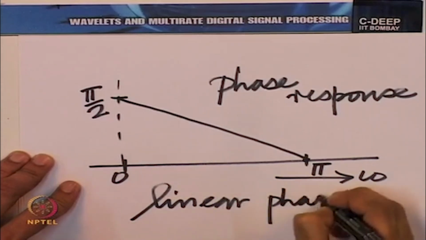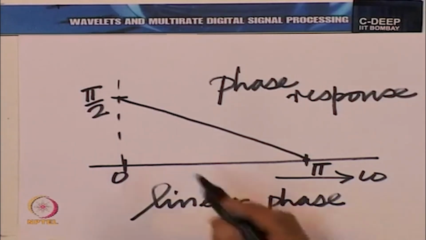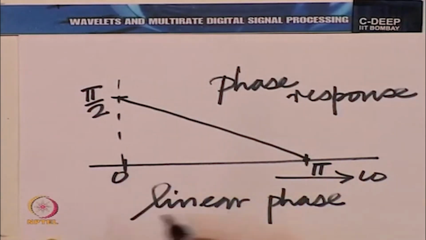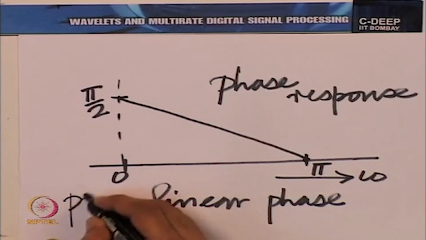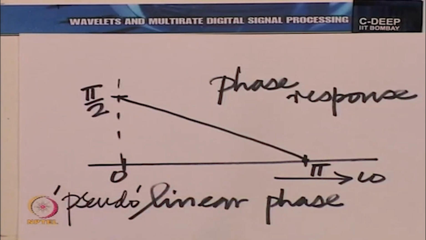Well, almost, not quite linear. If it were strictly linear phase, this would have been a straight line indeed, but a straight line passing through the origin. So, it is not really linear phase, this is called pseudo linear phase, seemingly linear phase.